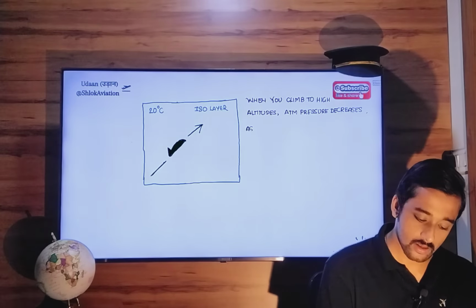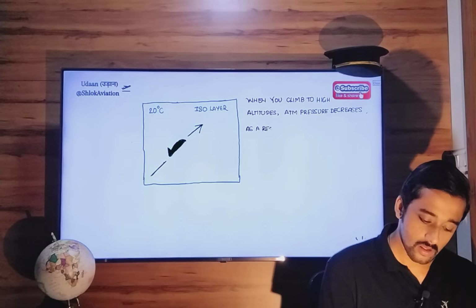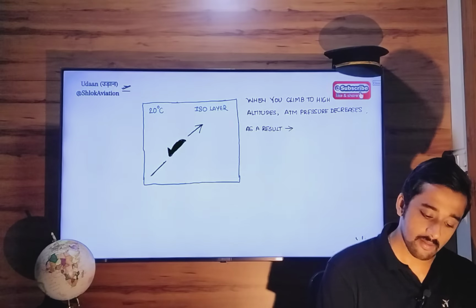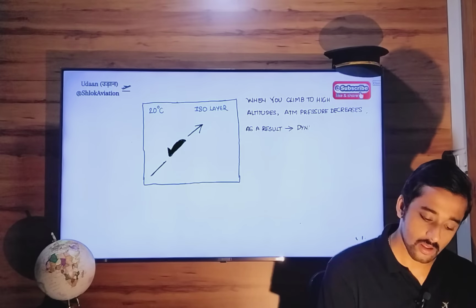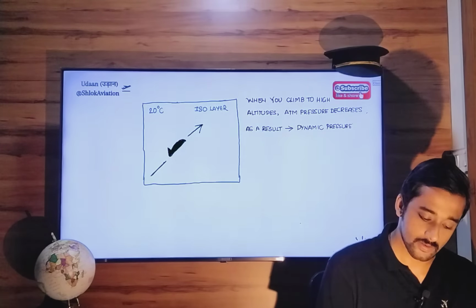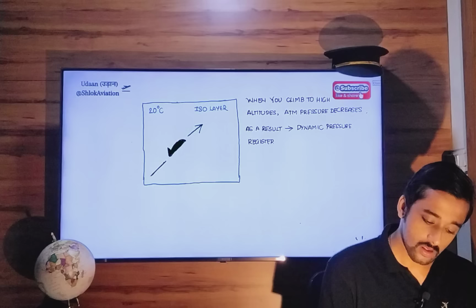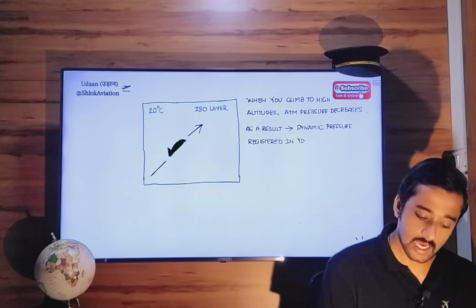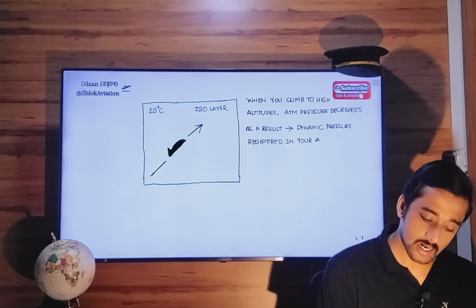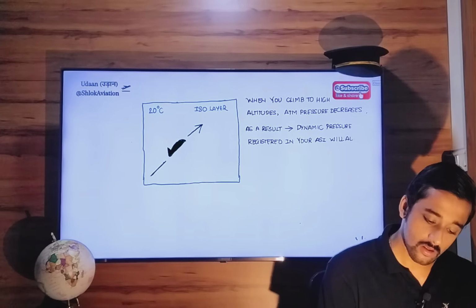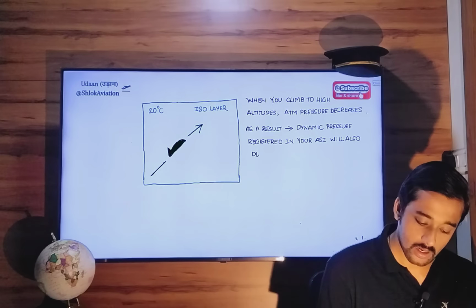As a result, the dynamic pressure registered in your ASI equipment, airspeed indicator equipment, will also decrease.